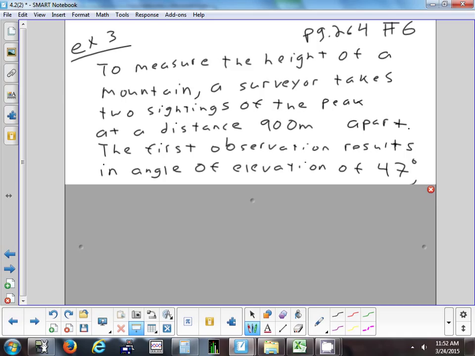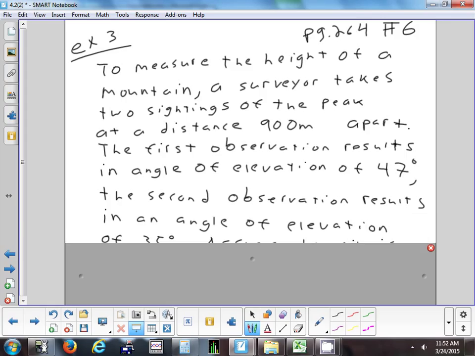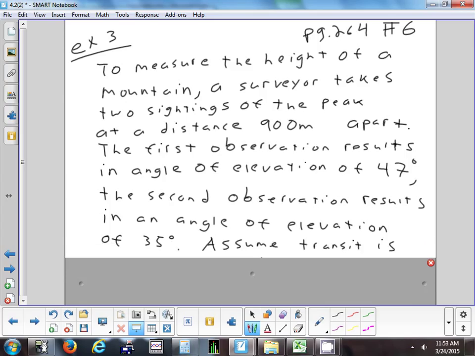Then, as I said, the surveyor is going to back up 900 meters, set up the transit again, and measure another angle. As you back away from something, the angle starts to get smaller. So this time it's only 35 degrees.